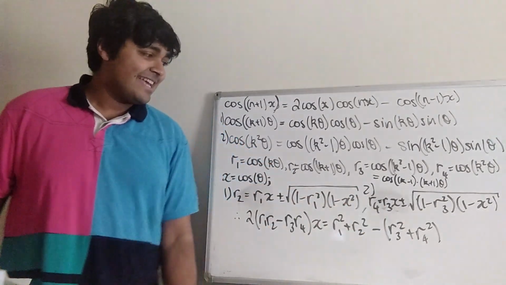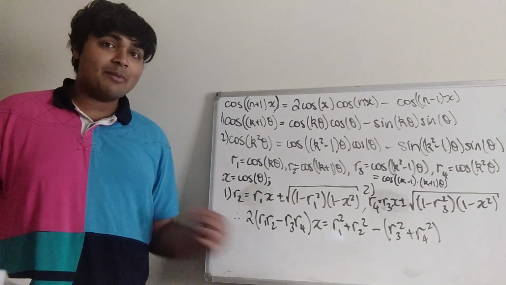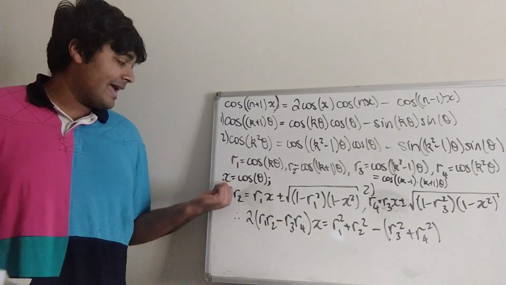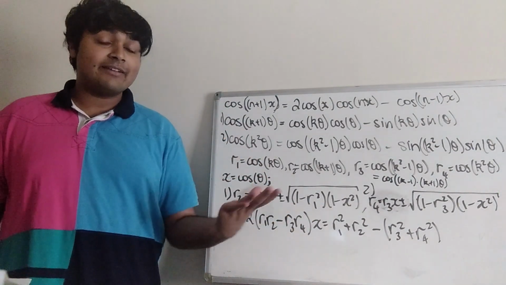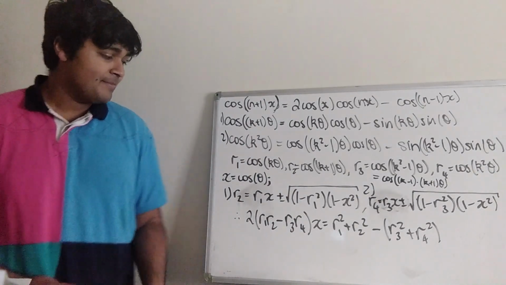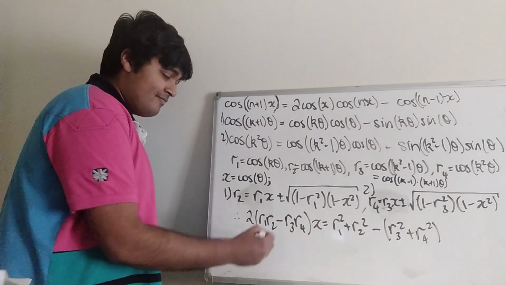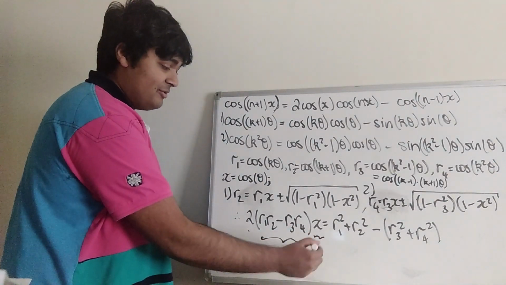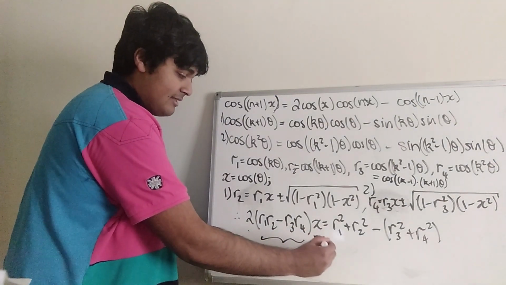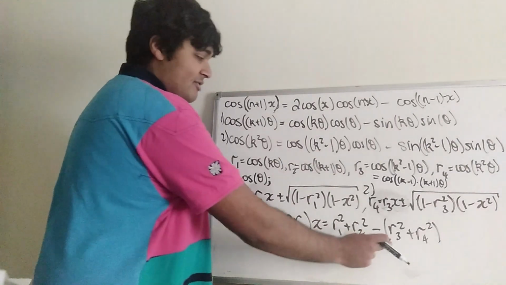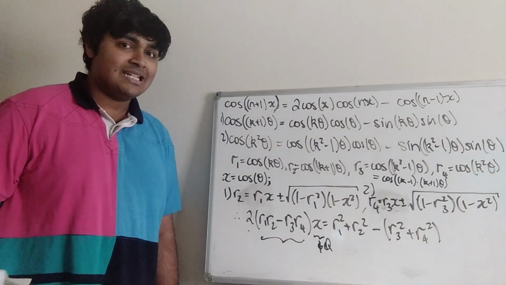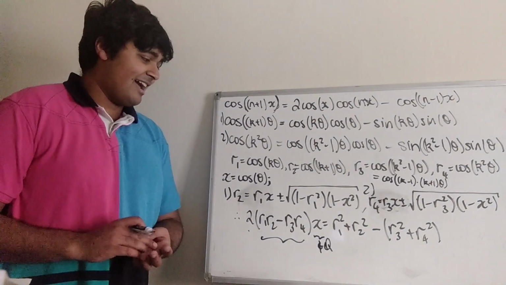And why is this interesting? Well, remember r1, r2, r3 and r4 are rational numbers, but x, which is cosine of θ, is by assumption an irrational number. So this thing here is rational, this thing here is rational, this thing here is irrational. So we've got rational equals rational times irrational, and that should be setting off some alarm bells.